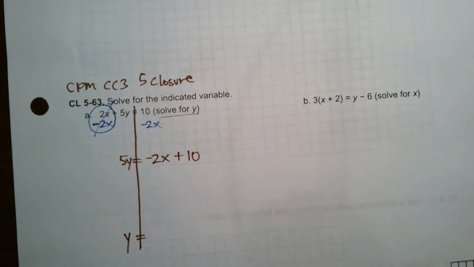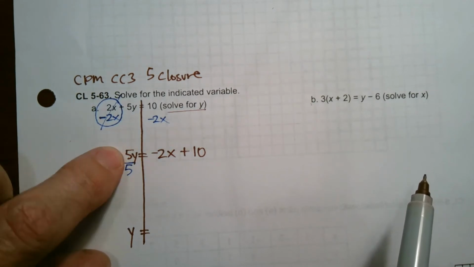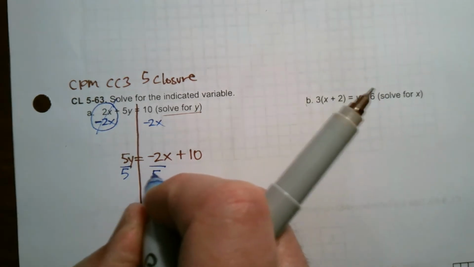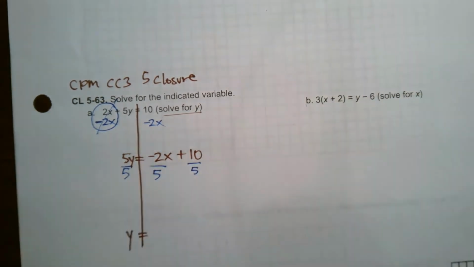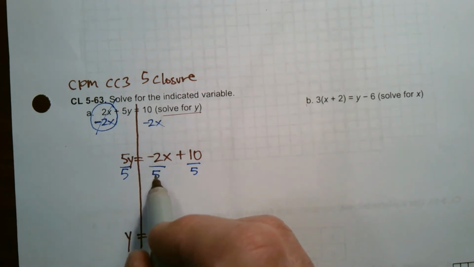Then that last step was to divide by the coefficient to get that y alone, and you would still do the same thing. So I divide by 5. That's going to get my y alone. But this is where it gets a little tricky. When I divide by 5, I have to divide each term by 5. I'm going to divide this by 5 and that by 5. Every term gets divided by that coefficient. So negative 2 over 5, or negative 2 divided by 5.